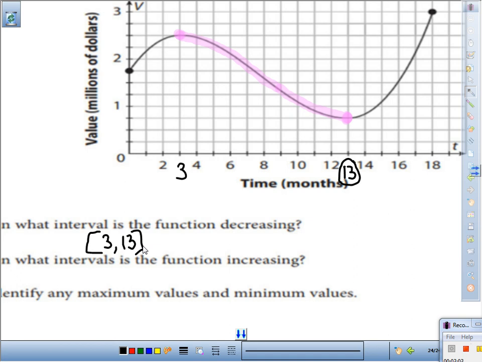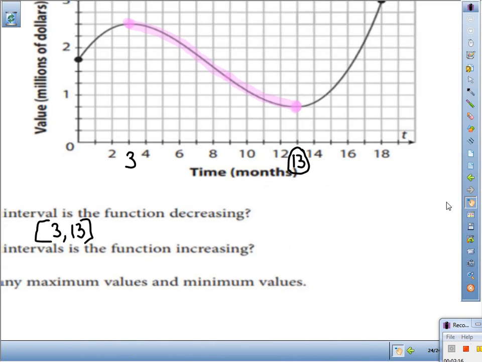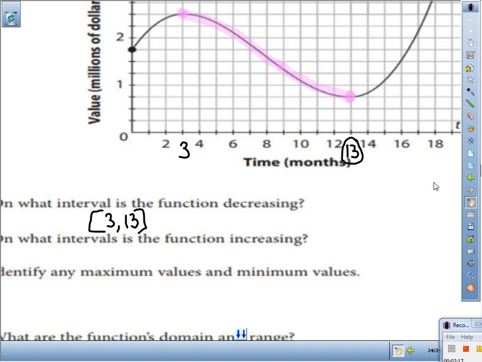How do we write that in set notation? Now, be careful, because now instead of x, what are they using? What variable? T. Tell your neighbor what would be the set notation for that. All right, let's see.